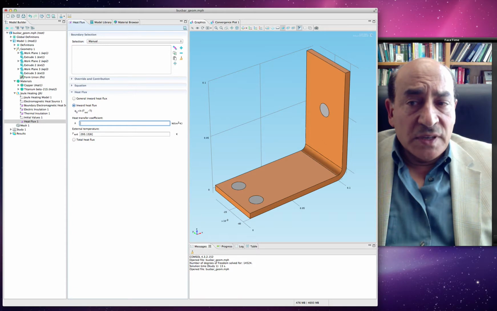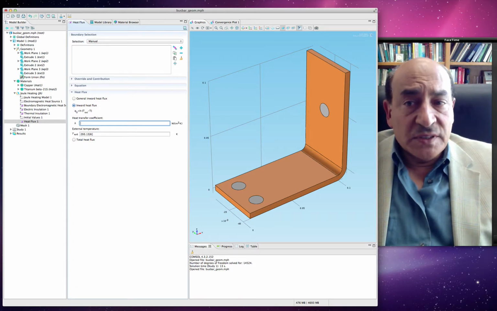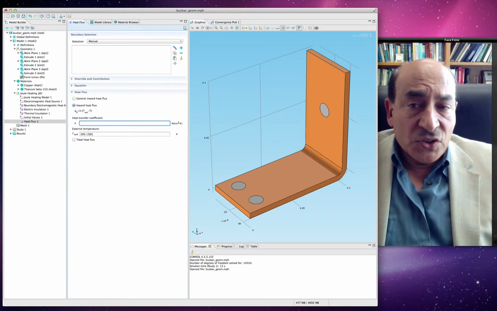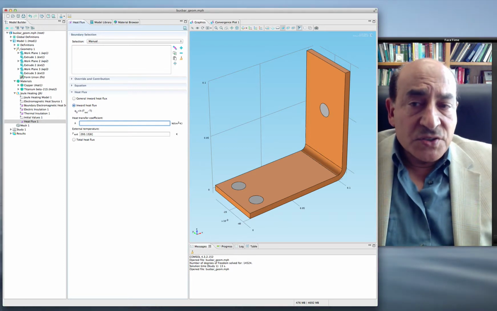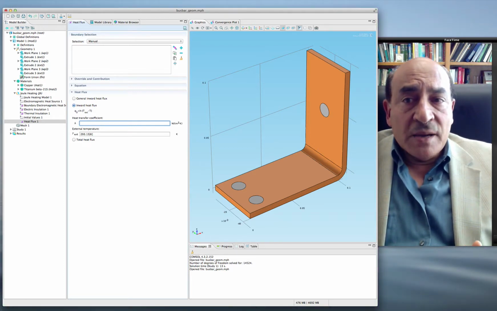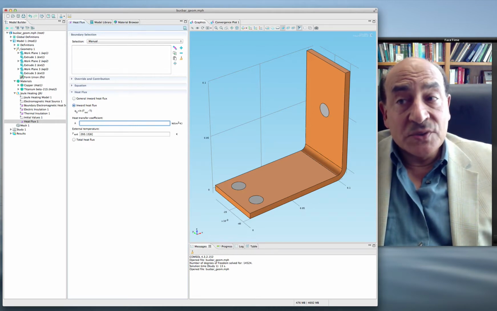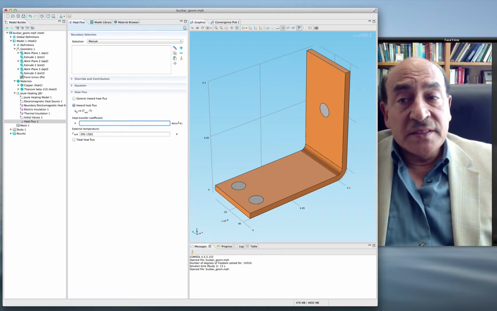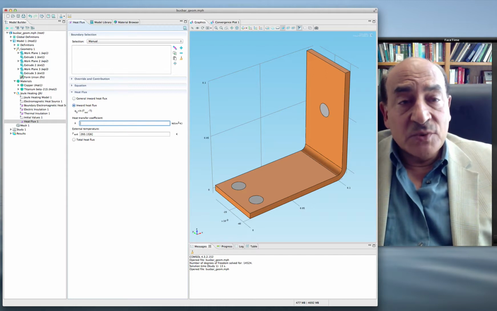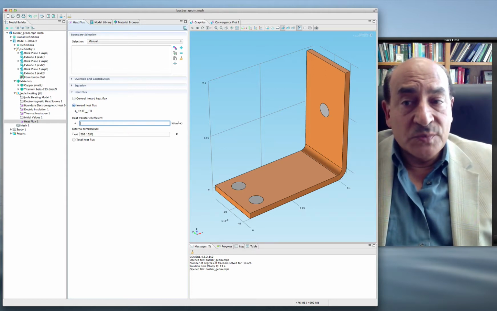I can put in any number. Usually it's a low number like 100 or so, but I'm going to also include an idea, and this idea is how to input such parameters using a table. So we're going to try to define some of these parameters in a table in the global definitions in a few minutes.